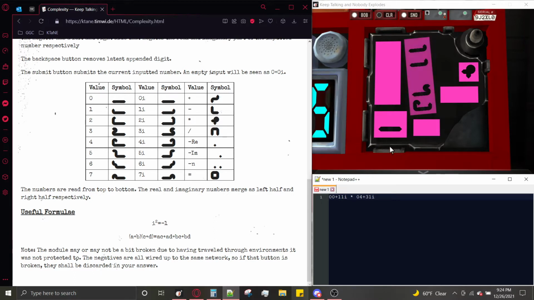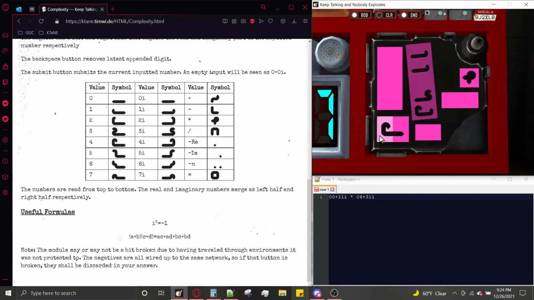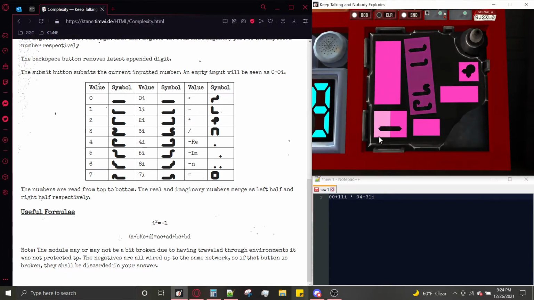So let's discover what bases these numbers are actually in, because these are not in base 10. We're going to press this until it goes back into a straight line. The last thing that we saw was this symbol, which corresponds to 6.